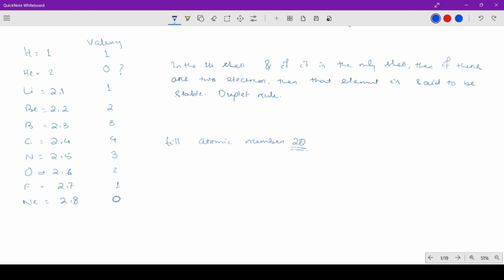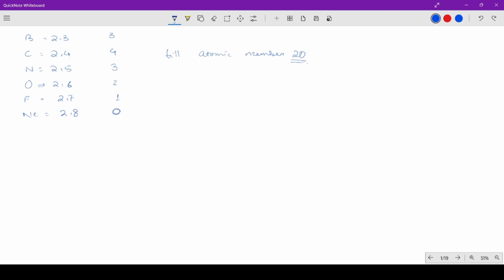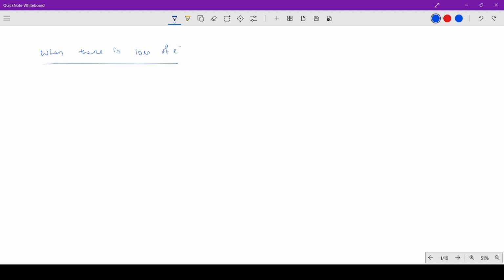Next, there are types of valencies, but we'll discuss that later. Now let's understand what happens when there is loss of electrons.